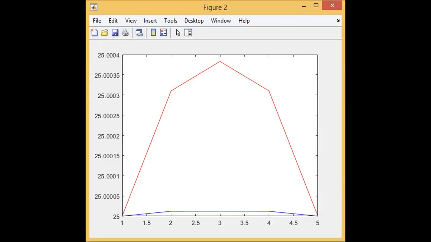It consists of two curves, one in red and the other in blue, somewhere in the bottom. The red curve corresponds to the steady state temperature, and the blue curve corresponds to the temperature at the ith step.